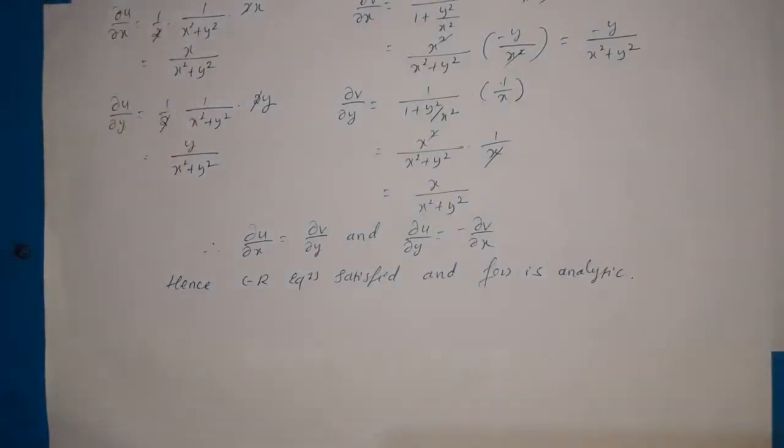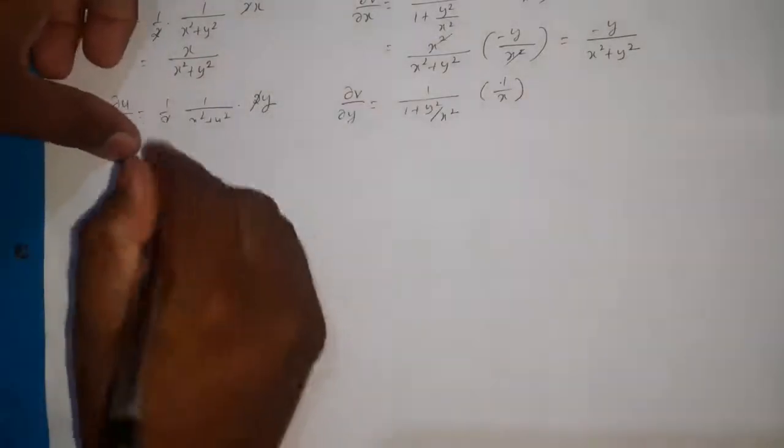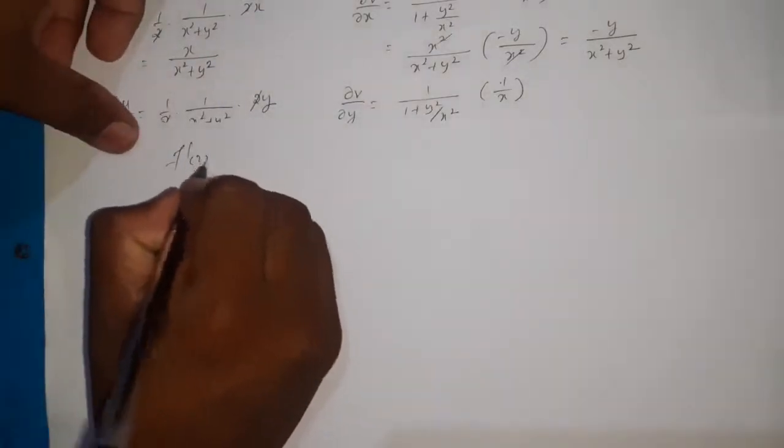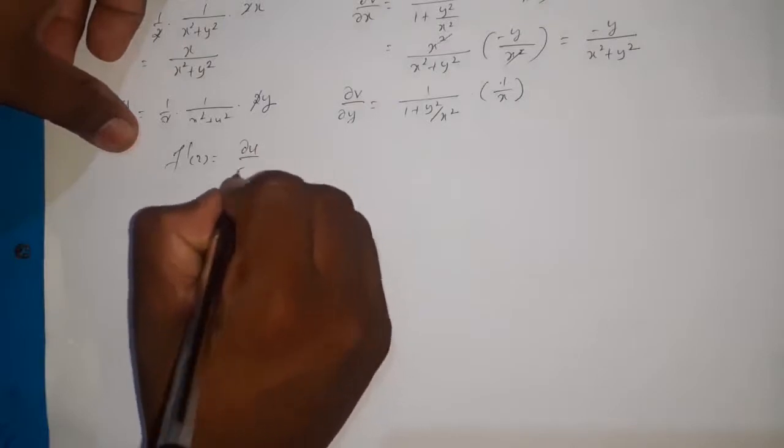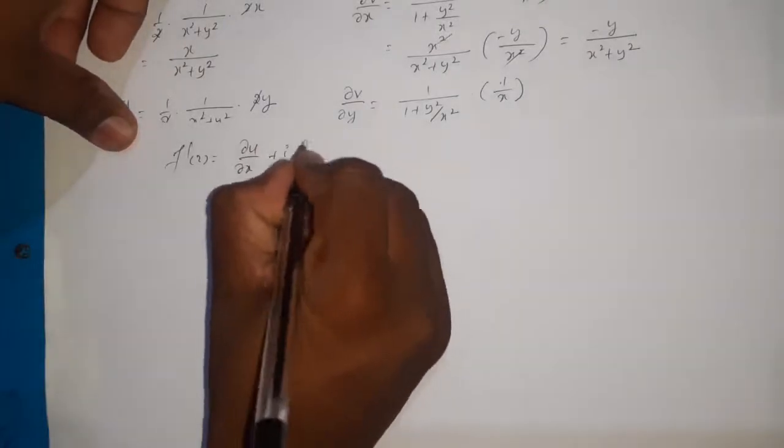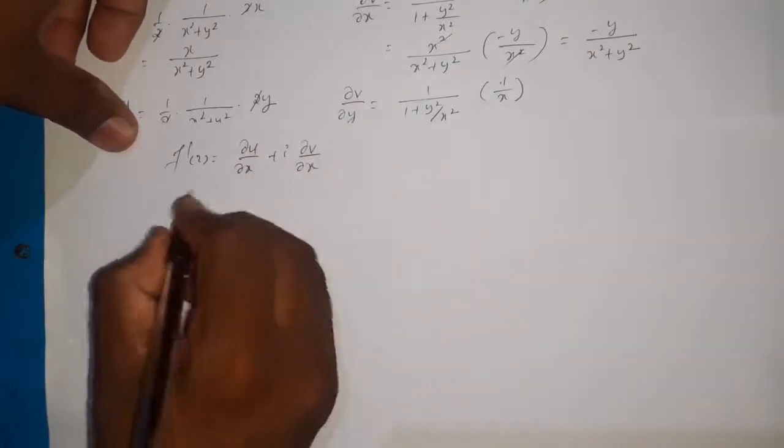Then we need to find f'(z). So now f'(z) is equal to ∂u/∂x + i ∂v/∂x.